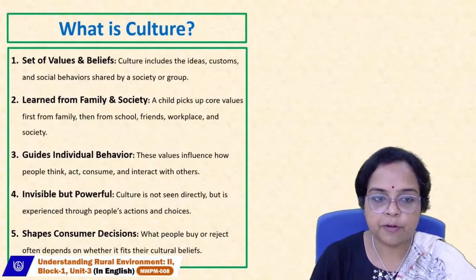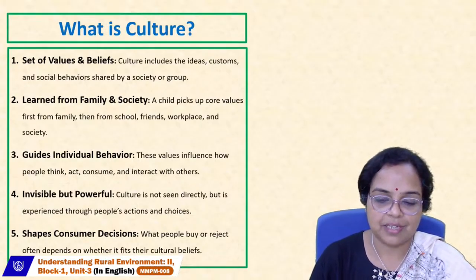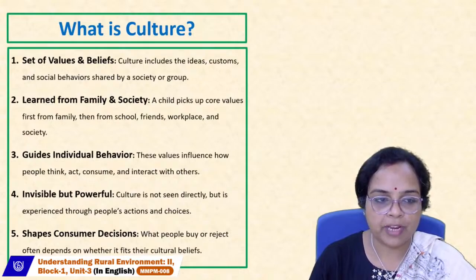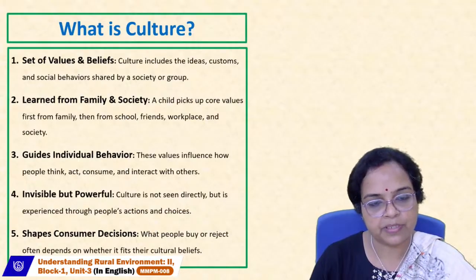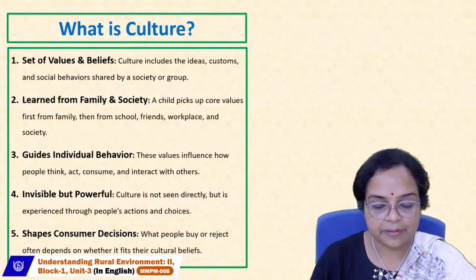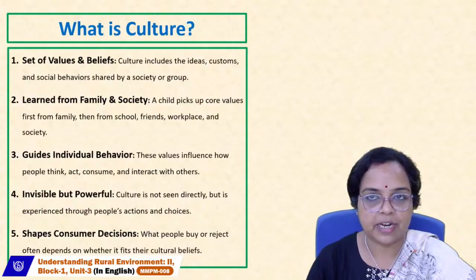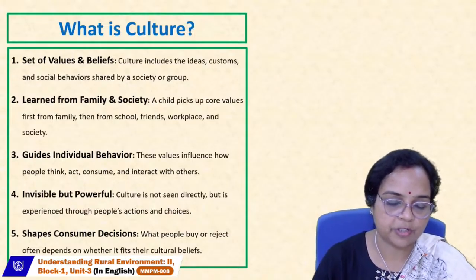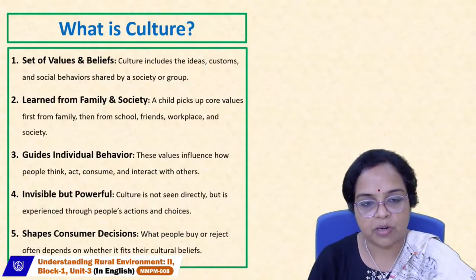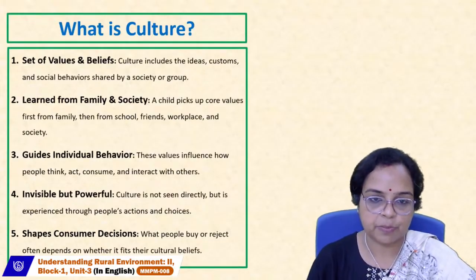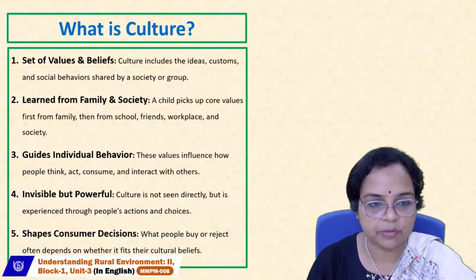Culture is again learned from family and society. A child picks up core values first from the family, then from the school, friends, workplace, and society. A child in our society greets the older generation by saying pranam or namaskar. That is the culture he is speaking of from the core family values.